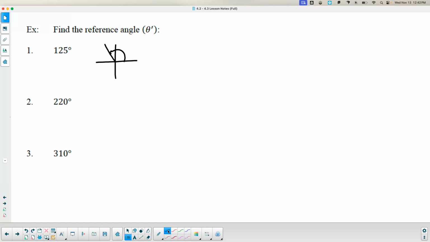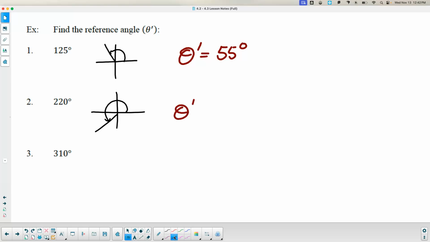That would be the 125 degrees, which would mean that our reference angle would be 55. 220 degrees is down here, which means my reference angle is going to be 40 degrees.